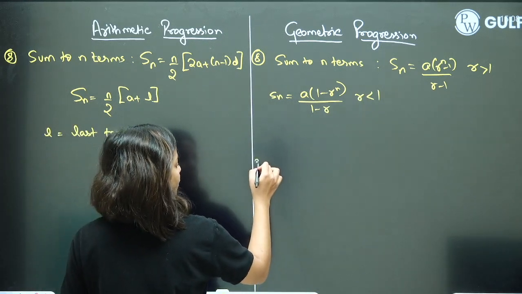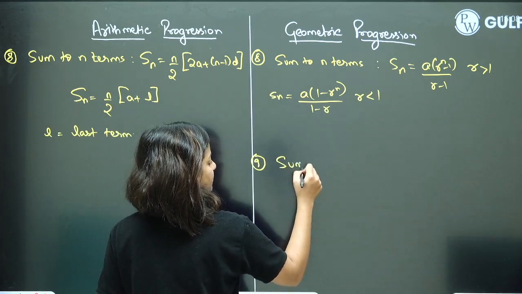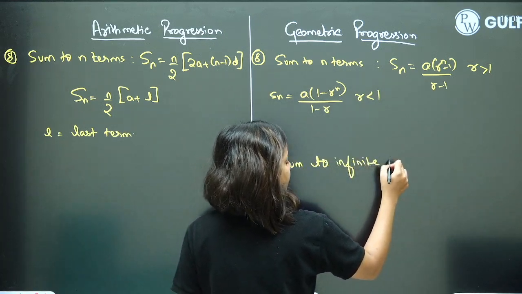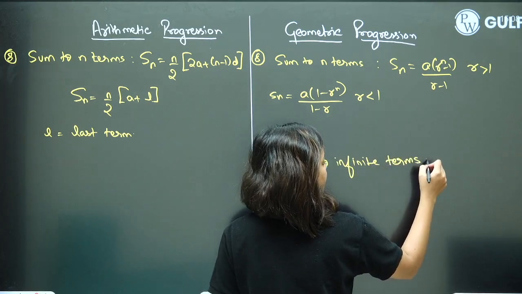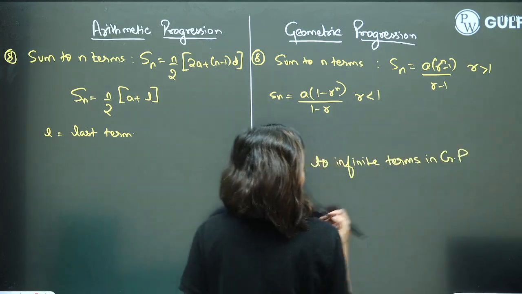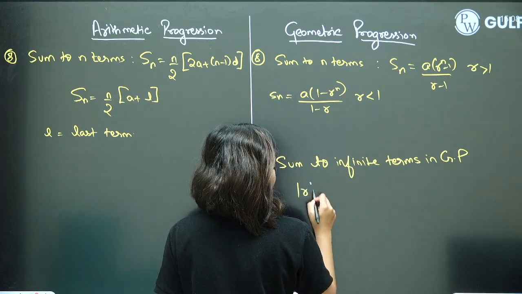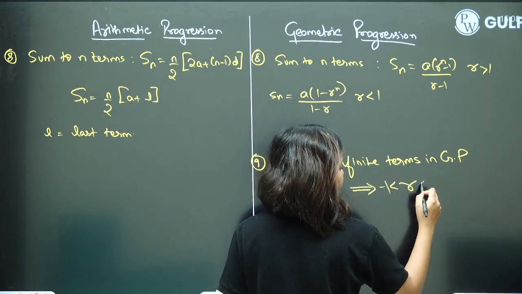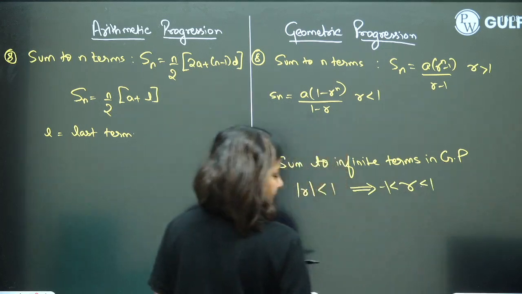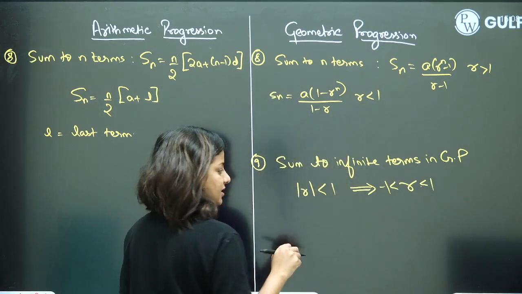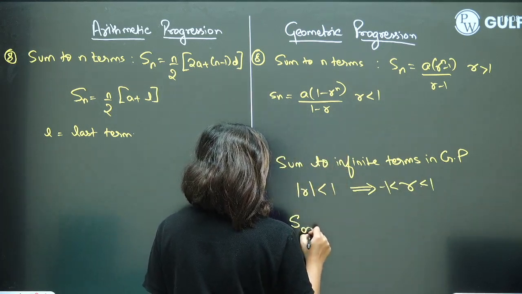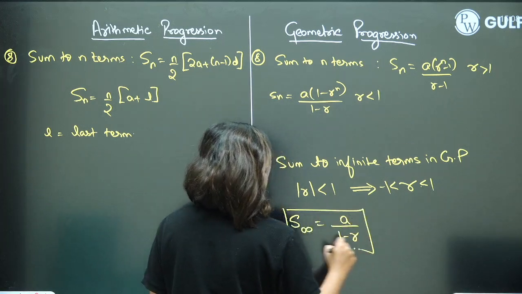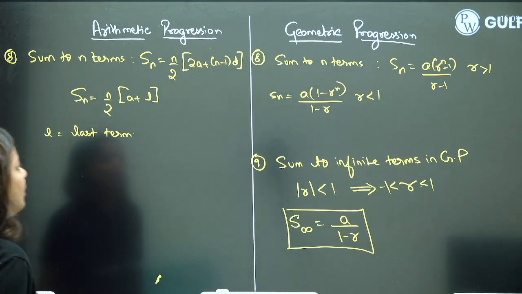There is one more, for infinite terms, which is only applicable when r is between minus 1 and plus 1. The formula is S infinity equals a upon 1 minus r.